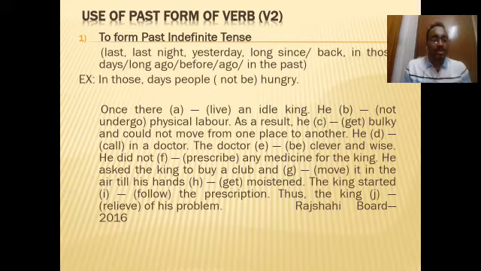Here there is an example, and here you see most of the verbs have been used in past form, that is in verb 2. You carefully read this example, and I think you will write the answer in the comment box. And this came in Rajshahi Board 2016.